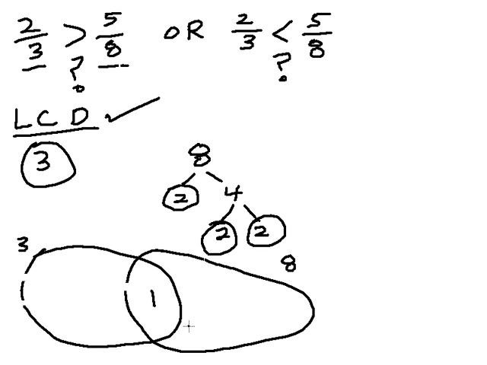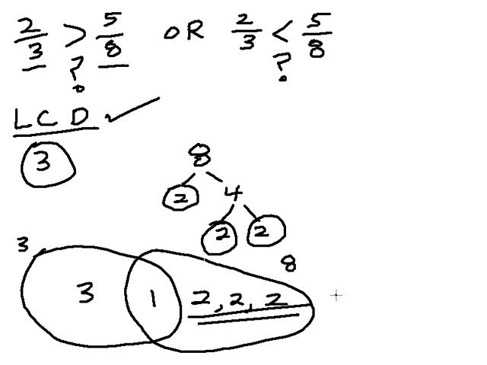We replace it with a 1 because we're doing multiplications. 1 times anything is itself. So 3 times 1 is 3. 8 is 1 times 2 times 2 times 2. Those are the prime factors of 8.